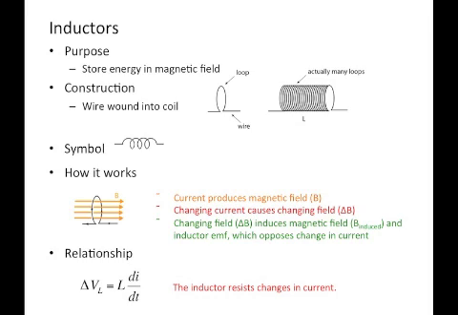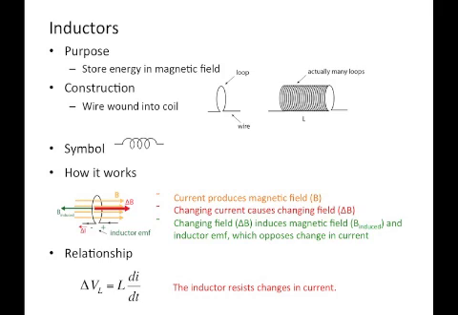So if we decide, hey, we're going to change the current, we're going to increase the current, well then that'll increase the magnetic field. And so basically Faraday's law says we're going to induce some kind of an EMF in response to this change. A changing magnetic field, delta B, will induce an EMF which opposes the change.